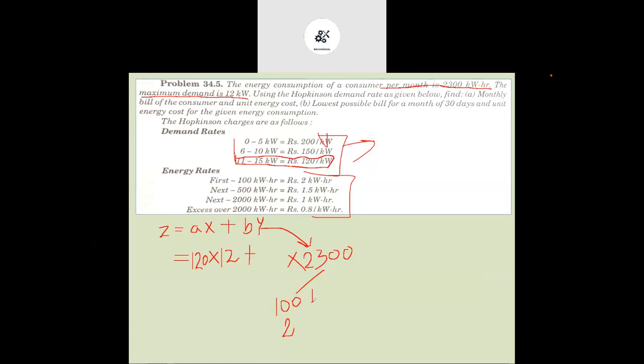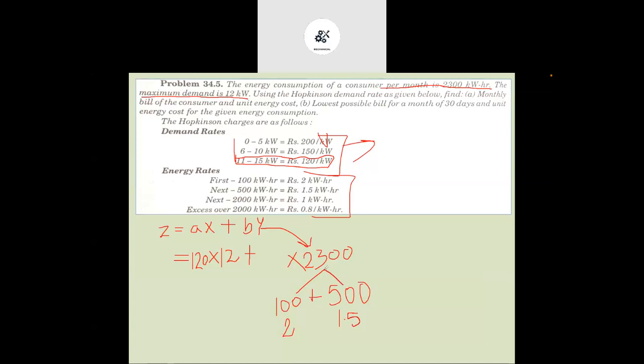Now the next 500 units, the rate will be 1.5. We have to divide the total 2300, or whatever total units consumed by the consumer, into the given rate slabs.